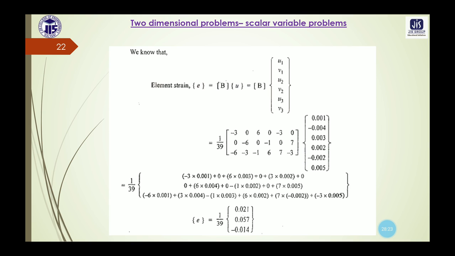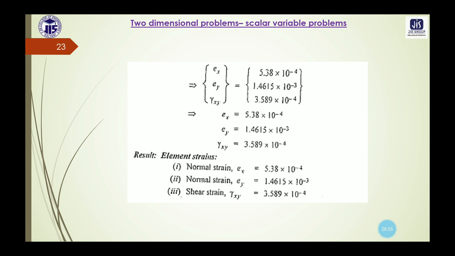It is a 3 by 6 matrix and a 6 by 1 matrix, so finally we will get a 3 by 1 matrix. We need to perform this multiplication very carefully so there is no mistake. Finally we get the element strain E matrix as 1 by 39 multiplied by a 3 by 1 column matrix.